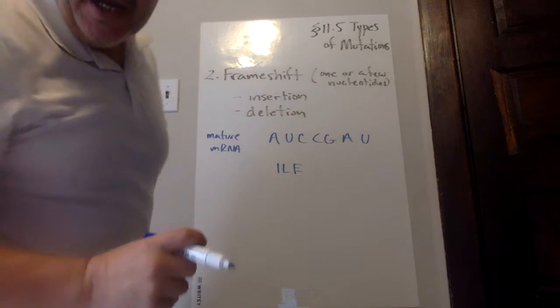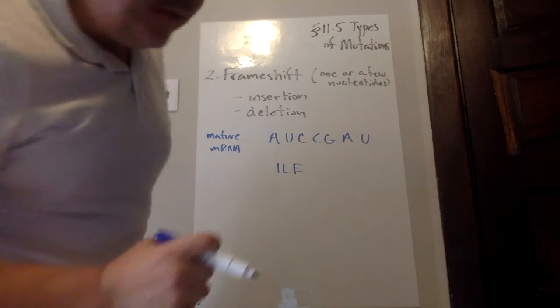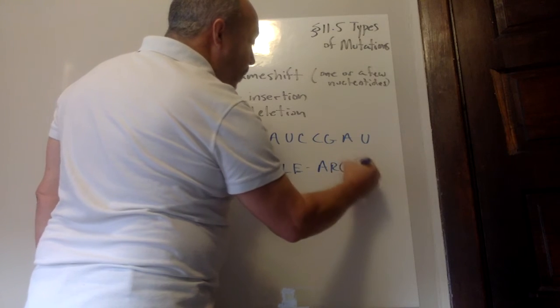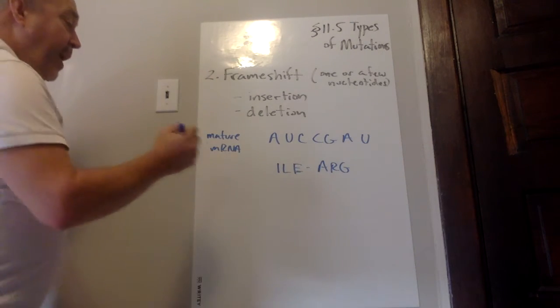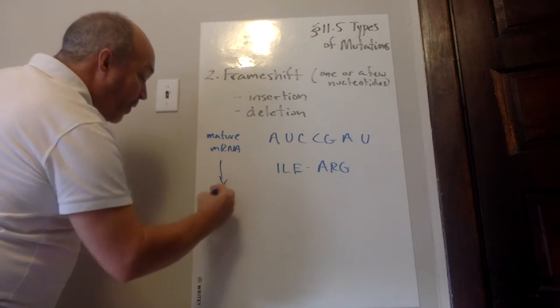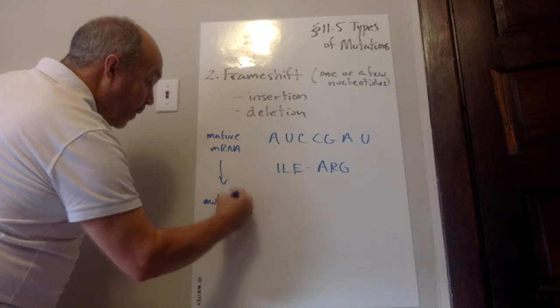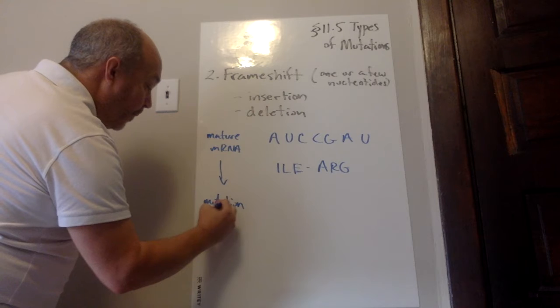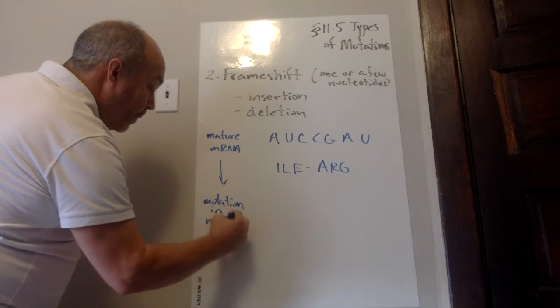And then CGA, did we just do that one? It's going to code for arginine. Don't worry about that last one. Let's say that there's a mutation, and there's a frame shift.